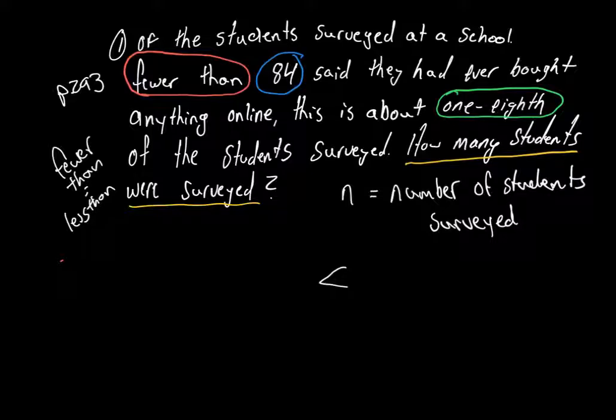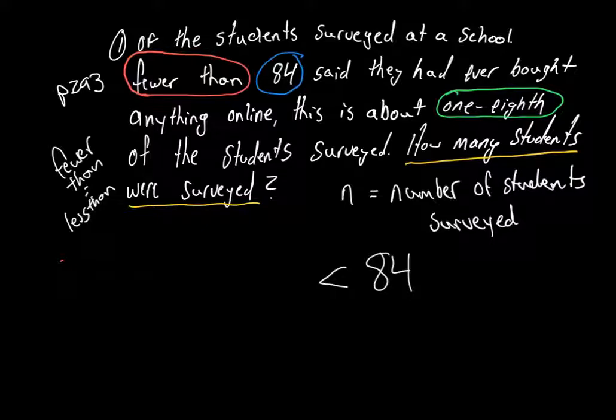We want fewer than 84, so whatever we get, it has to be fewer or less than 84. With that in mind, I'm going to place the 84 on the right side. That means anything over here is going to be fewer than 84.